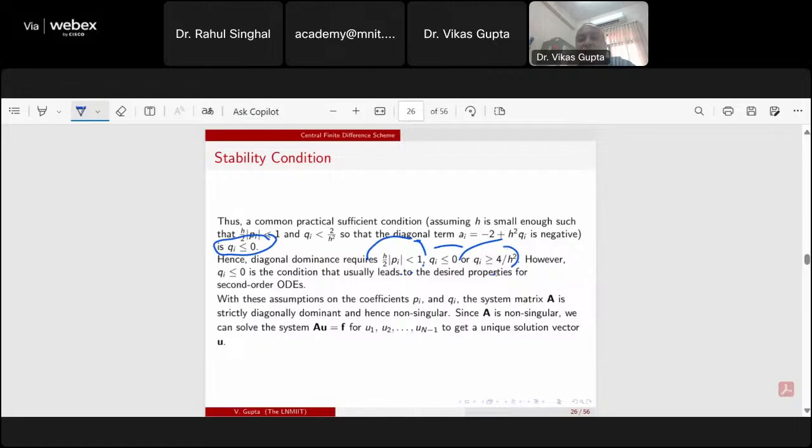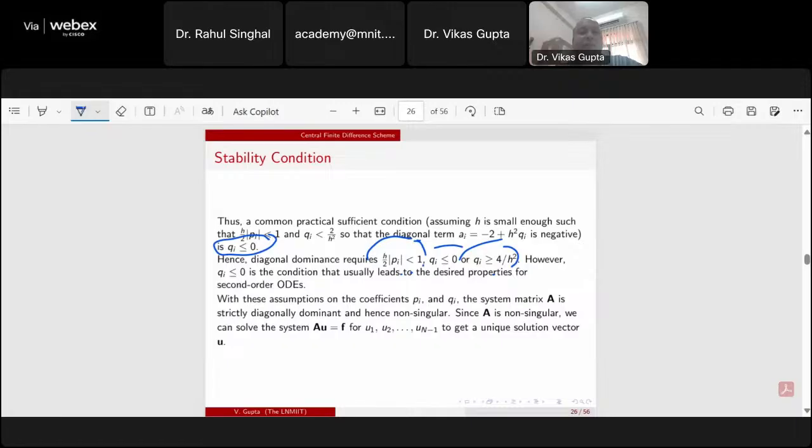But I already discussed that qi greater than or equal to 4 upon h square is a very unpractical condition on the coefficient function qi, because in that case qi should be very large, since h is very small and h square is even smaller, so qi will be a very large quantity.